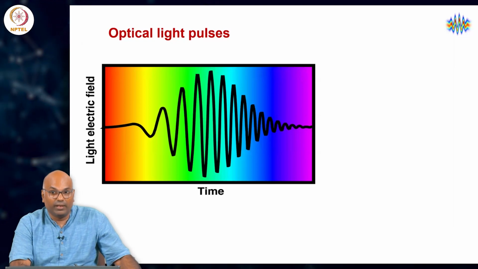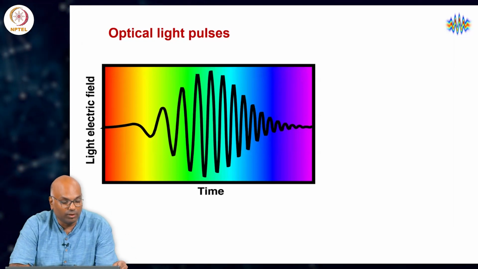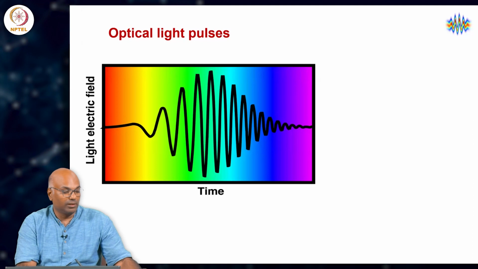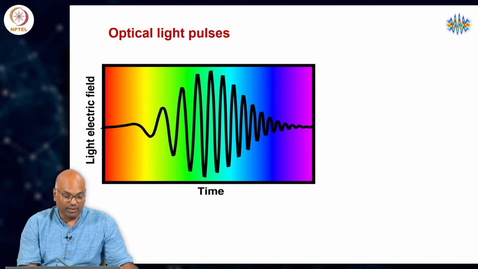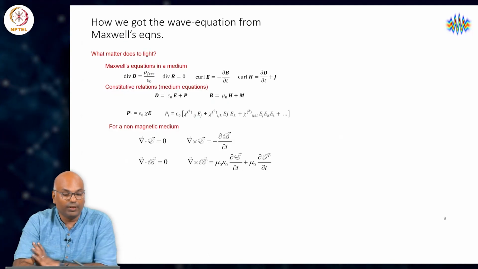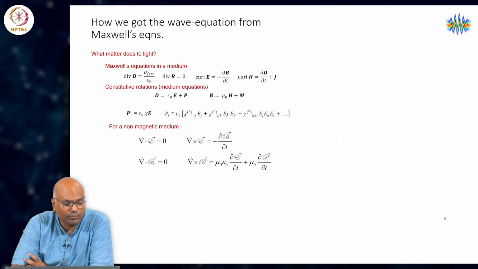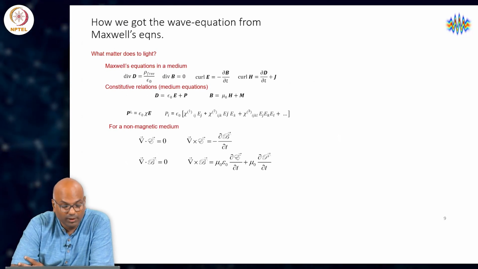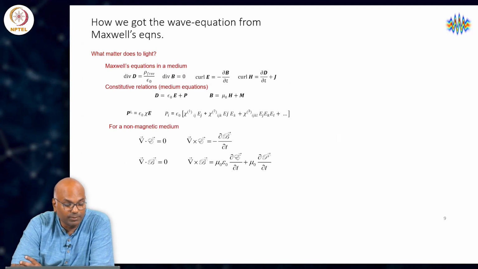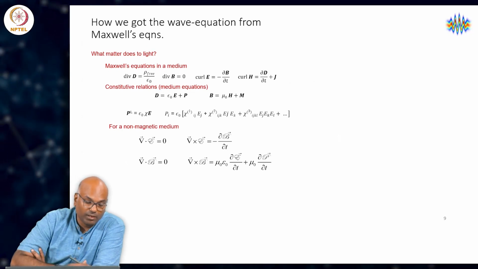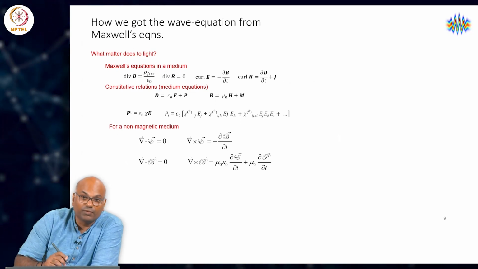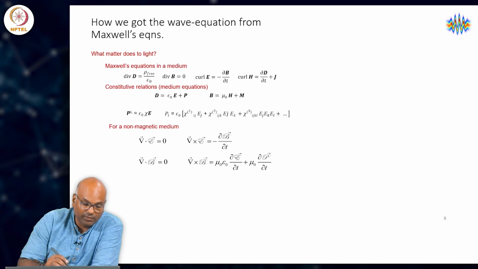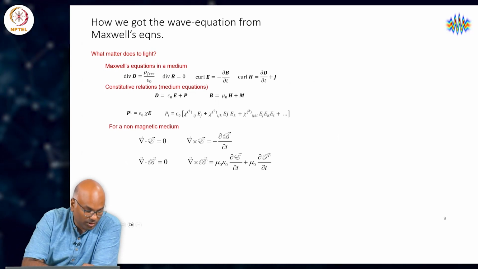A quick recap: we are working on optical light pulses whose electric fields can be chirped, and we understand how to deduce from first principles the wave equation and propagative phenomena in optics with and without source terms.